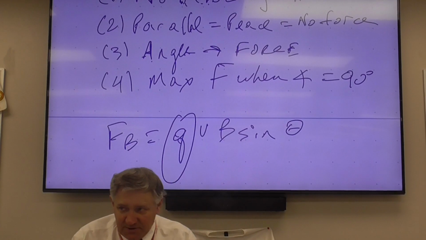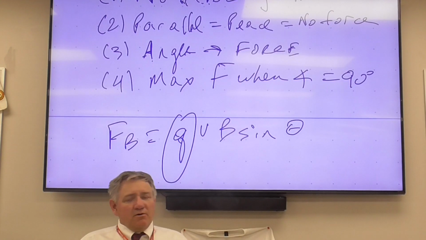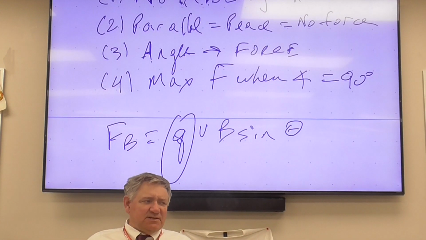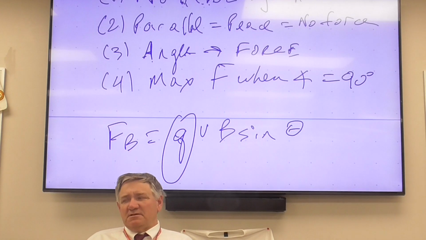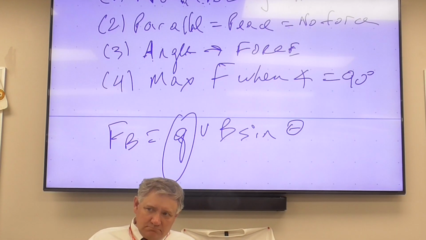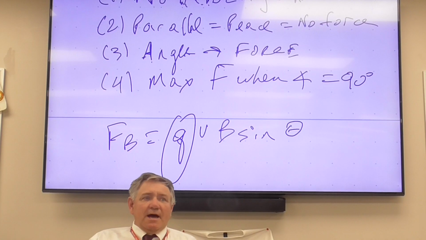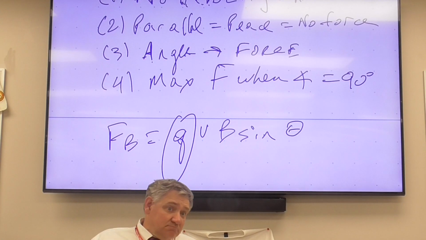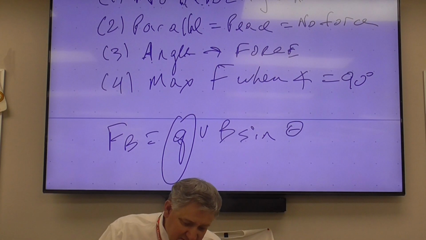Obviously, you've got Q. If you don't have a charged particle, you don't have a force, which makes it difficult to detect the presence of neutrons, because neutrons don't have a charge. So you can shoot a neutron through a magnetic field and nothing's going to happen. It has mass, but it's not going to interact with the magnetic field. V is your velocity.